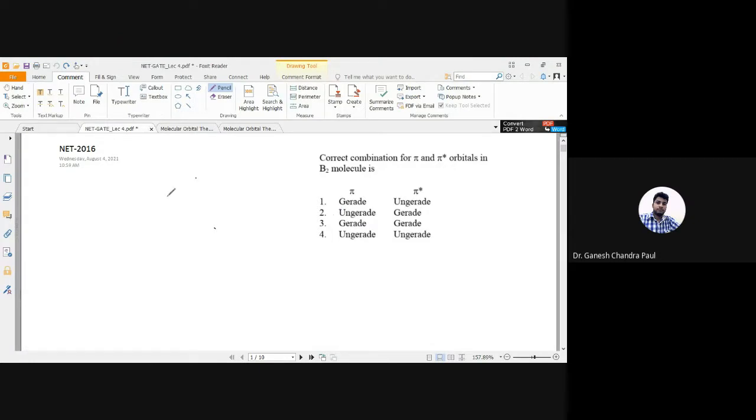So you can see here in the question that this question came in the 2016 exam. The first question of today's class is: the correct combination of pi and pi star orbital in B2 molecule is what?